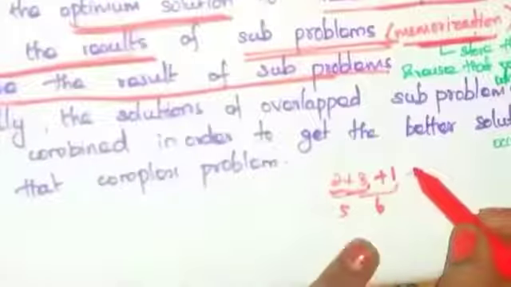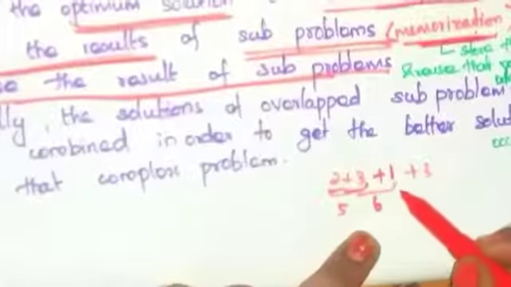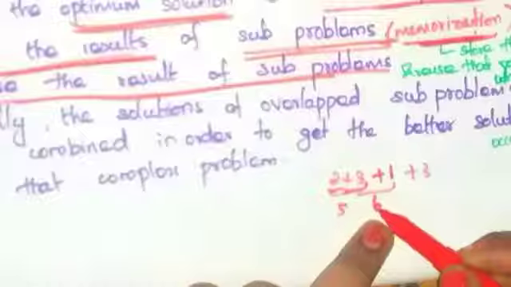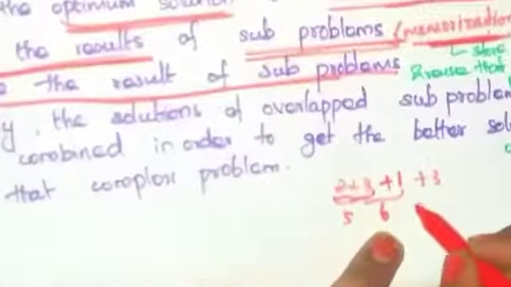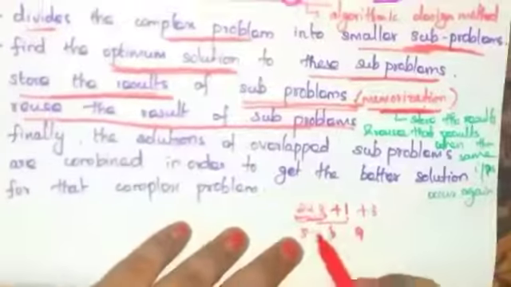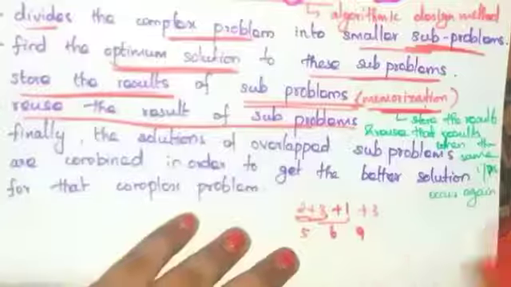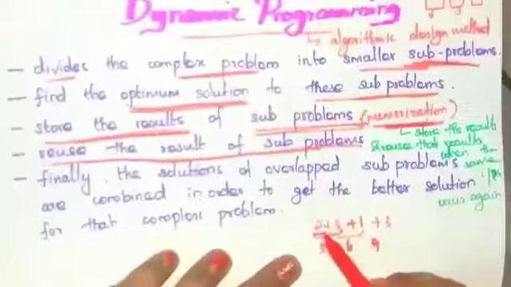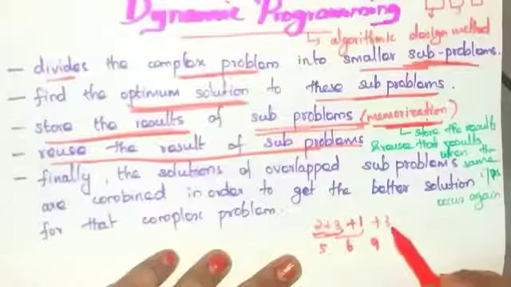This 6 is also stored somewhere in memory. I am adding another number, plus 3. Now our previous result is this one. Now 6 plus 3, 9. This is the new value. If you do not store these values in memory, you have to compute the value from the start: 2 plus 3 plus 1 plus 3.